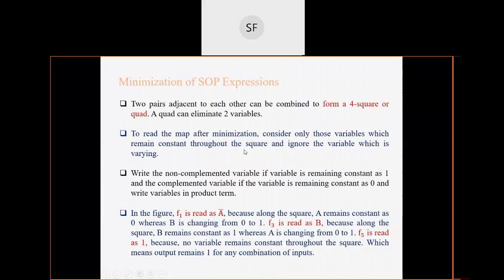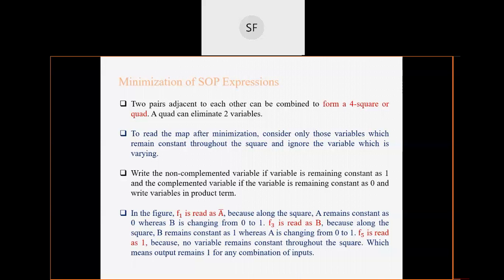So what we have done is minimization using either combining adjacent cells as a pair or combining adjacent pairs as a quad. तो अगर क्वाड आपने किया तो क्या होगा, both variables will be eliminated. अगर चार सेल्स आपने टोटल, quad is nothing but four cells. So if you combine four cells, then two variables will be eliminated, both variables will be eliminated.